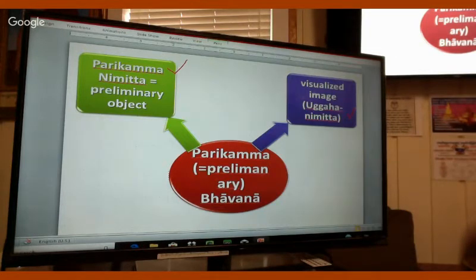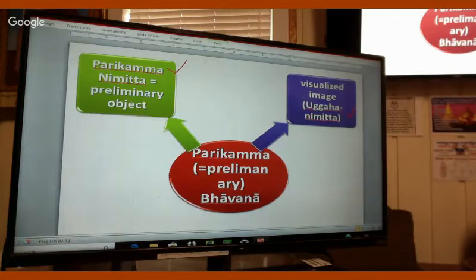It's the same as how our mind works, right? In these diagrams, when we see something, it is the preliminary stage. The preliminary object is, for example, when you make a disk and put it in front of you, look at it with your eye and try to see the Patawi, the earth element, and practice.